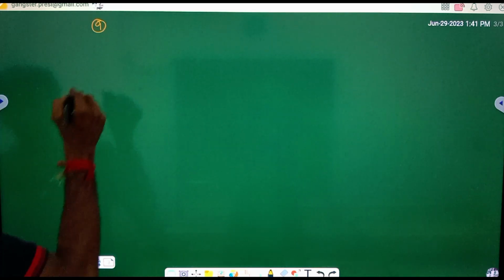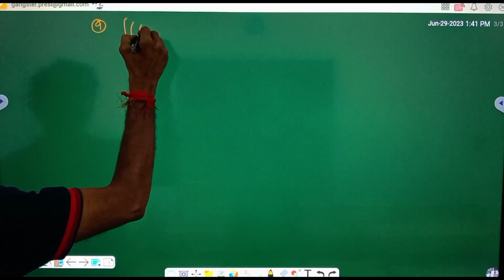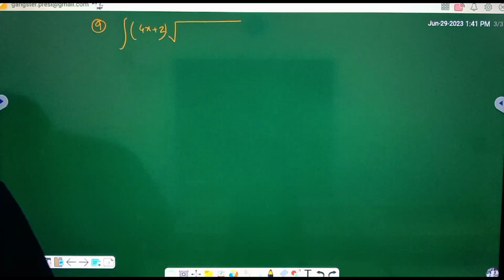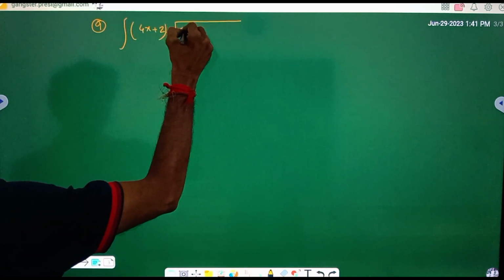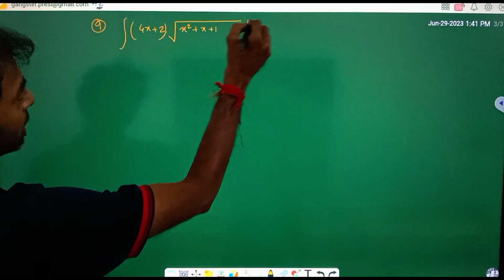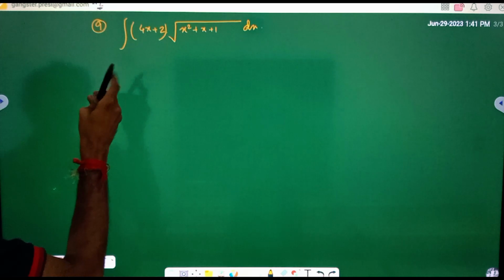Problem number 9 is integration of 4x plus 2 under root x square plus x plus 1 dx. Now look at this very carefully.